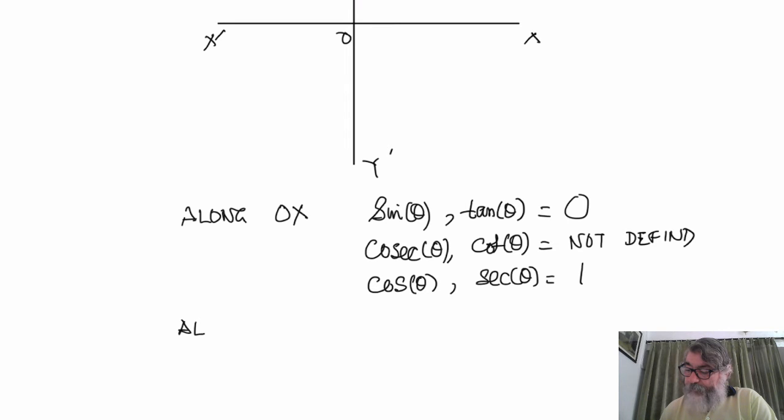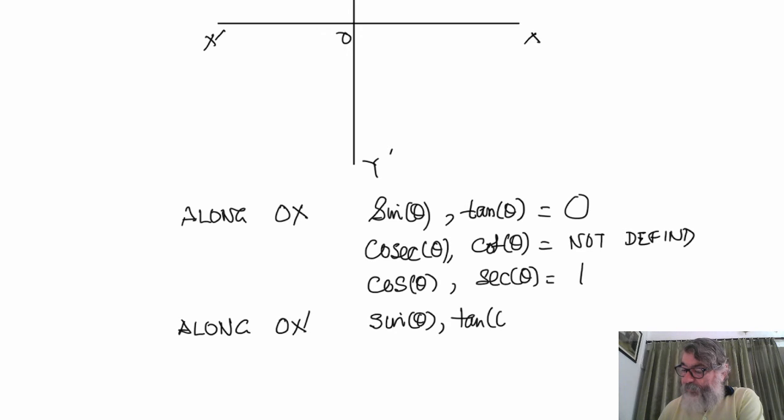I'll discuss OX dash first. I'll leave the vertical line. I'm discussing the horizontal line. The same thing will remain. Sine theta, tan theta will be 0. Cosec theta and cot theta as a result of that will be not defined.